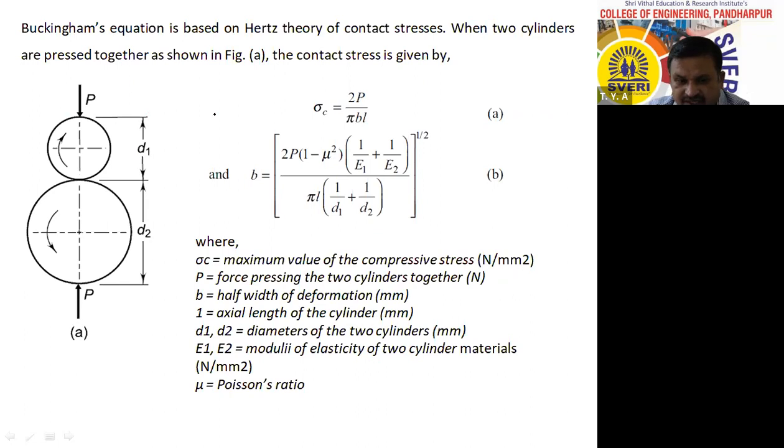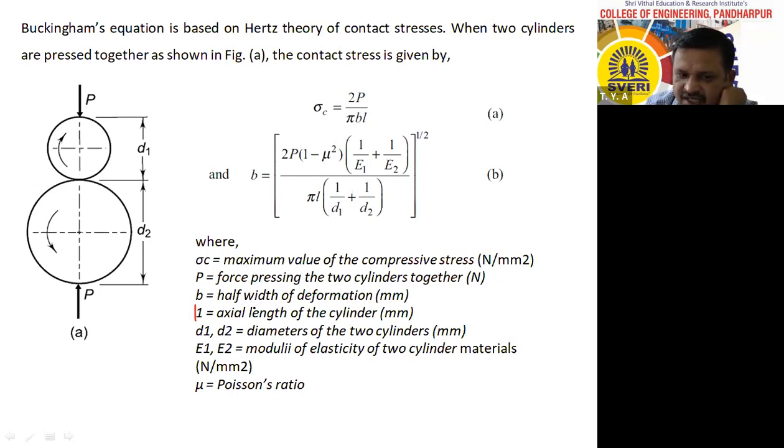Sigma C is equal to maximum value of compressive stress in Newton per mm square. P is equal to force pressing the two cylinders together in Newton. B is equal to half width of deformation, that is in mm. L, this is L, this is not 1.